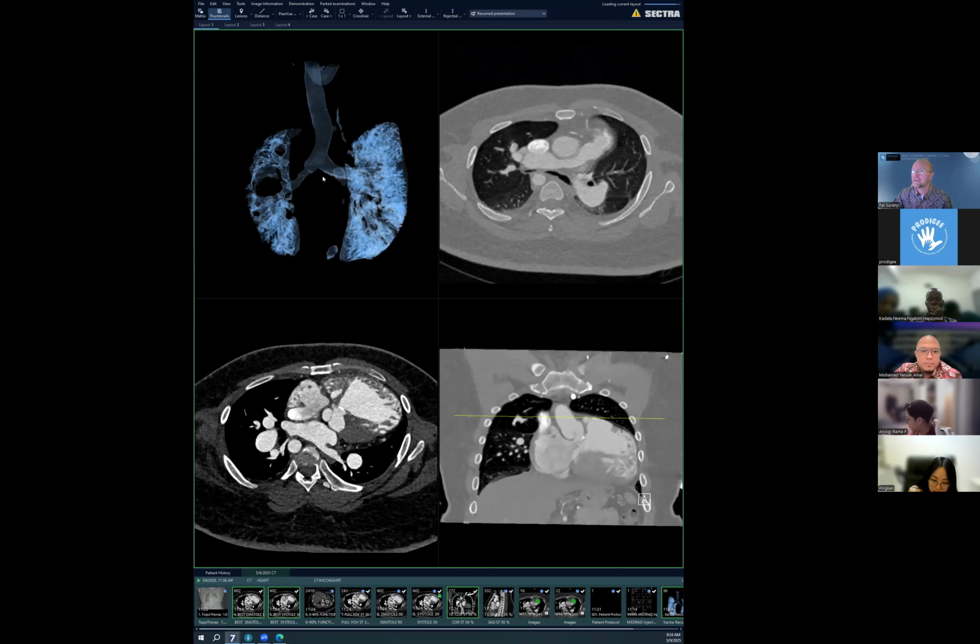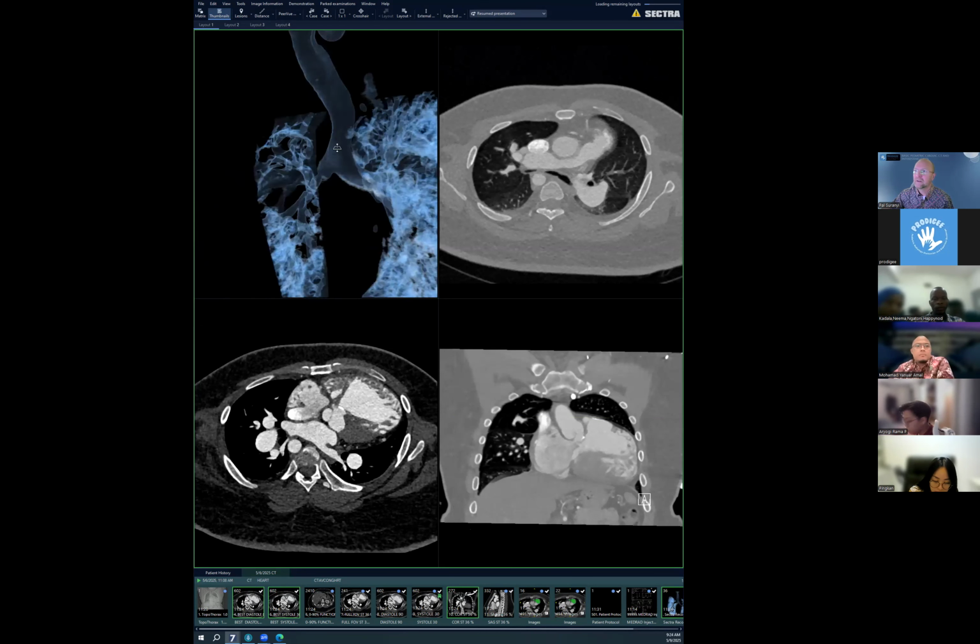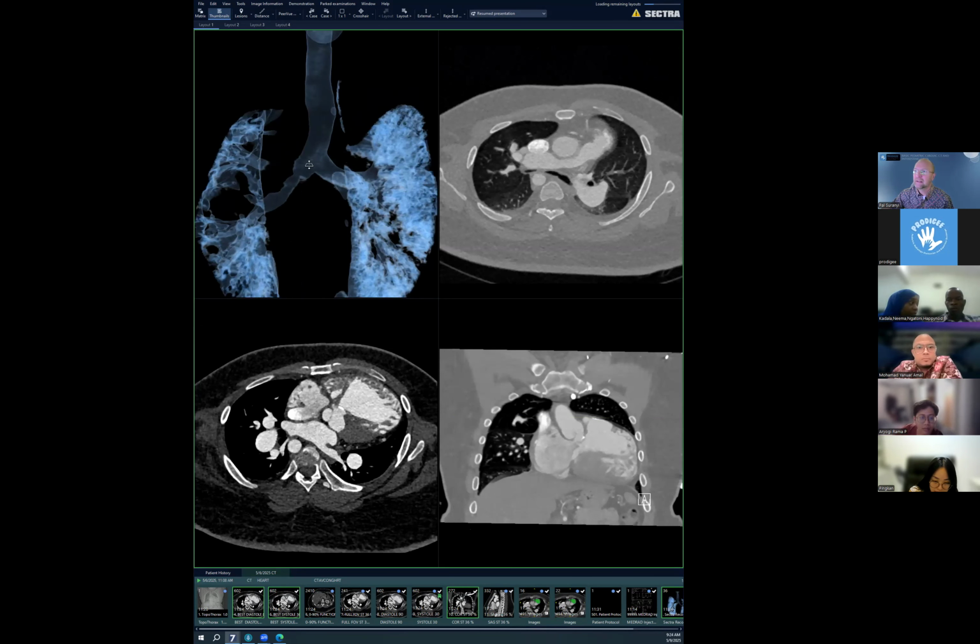This patient is actually a 35-year-old patient, where you can see on this 3D volume rendering that there is significant compression of the distal left main bronchus, or the right main bronchus, the bronchus intermedius, and the right upper lobe lobar bronchus is completely occluded.